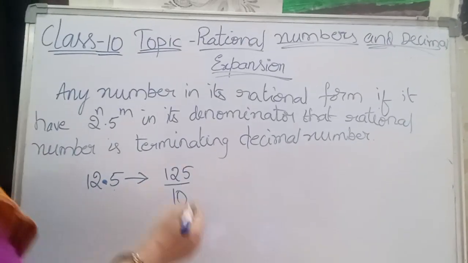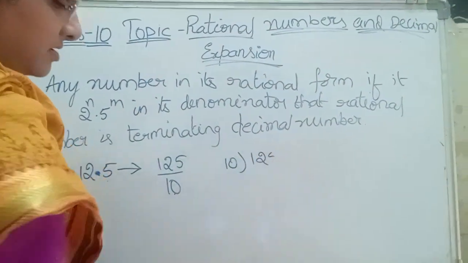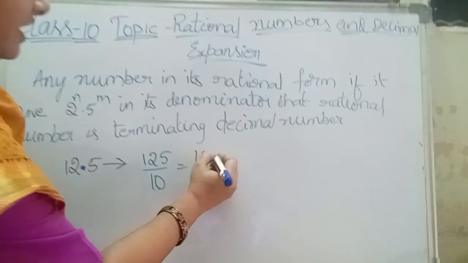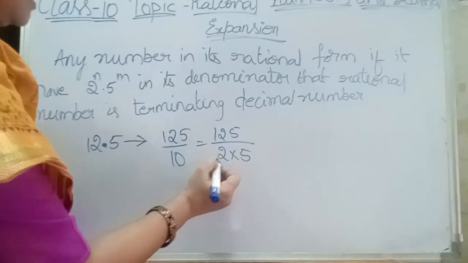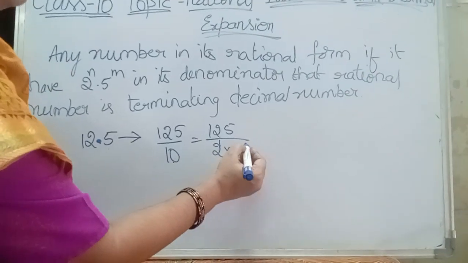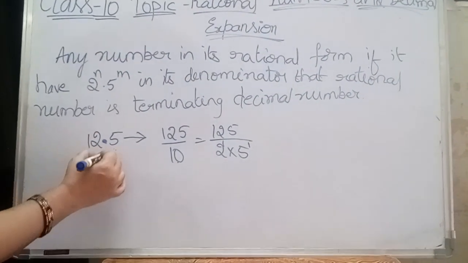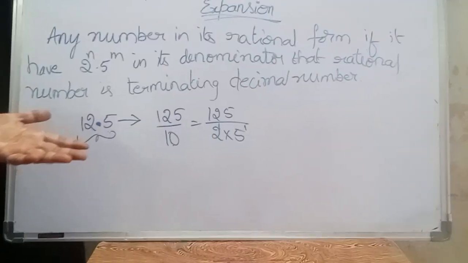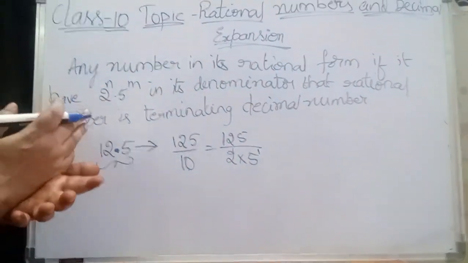Now write this, ma: 125 by 2 into 5. You can write 2 power 1 into 5 power 1, right? Here we are able to write in this way, which means that it is terminating. What is meant by terminating? Stopping. It stops the division at a particular point.